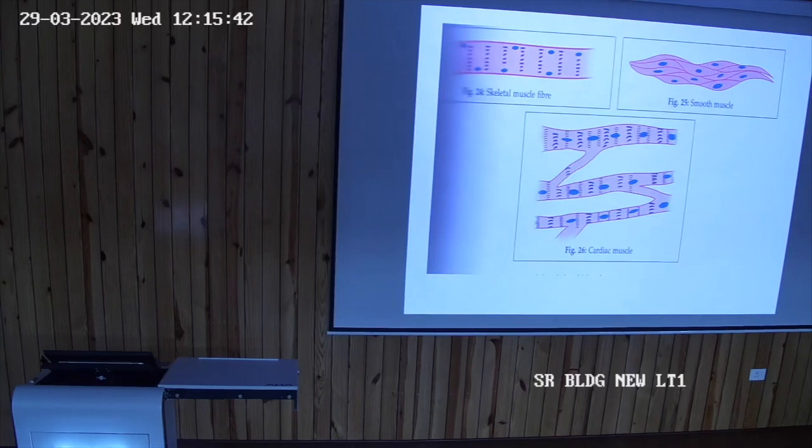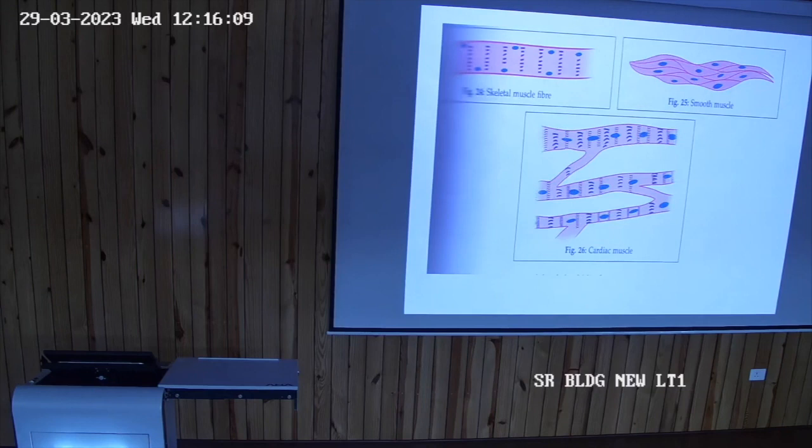Another important part which you should underline: no branching of the muscle fiber. Underline that. No branching of muscle fiber. Muscle fibers are multiple, running parallel to each other, but there is no branching. Underline the branching. The reason is that in cardiac muscle, you will also see the elongated muscle fiber, but the nuclei number is less.